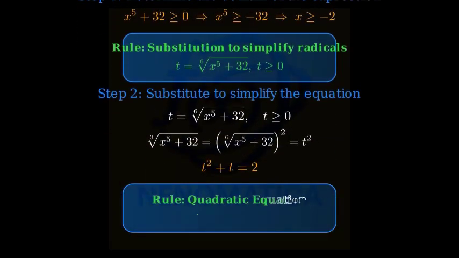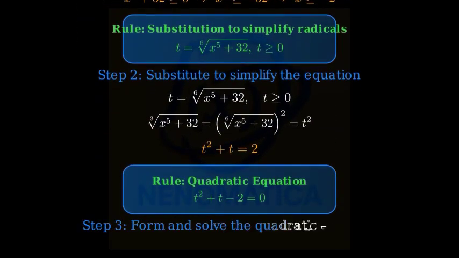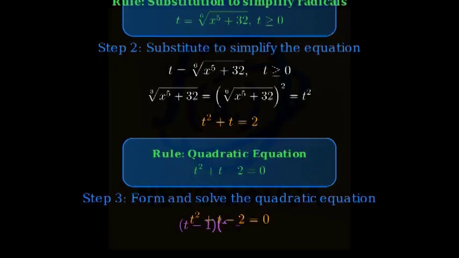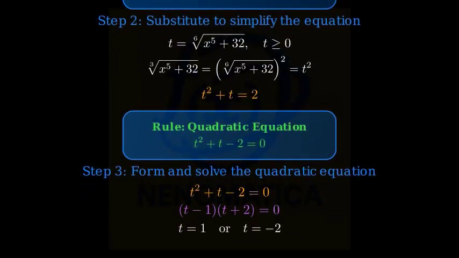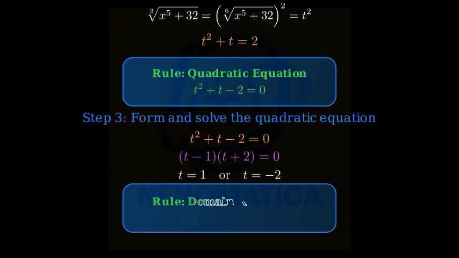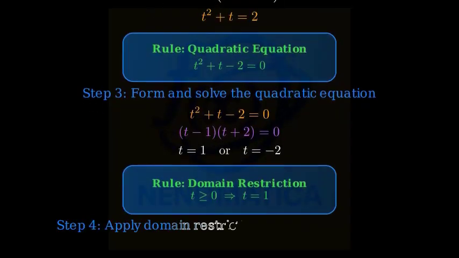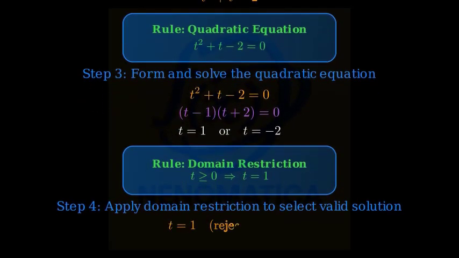Step 3. Form and solve the quadratic equation. Move all terms to one side to get t squared plus t minus 2 equals 0. Factor to obtain t minus 1 times t plus 2 equals 0. So t equals 1 or t equals negative 2. Step 4. Apply the domain restriction t greater than or equal to 0.